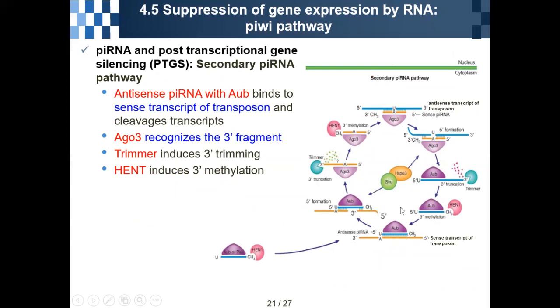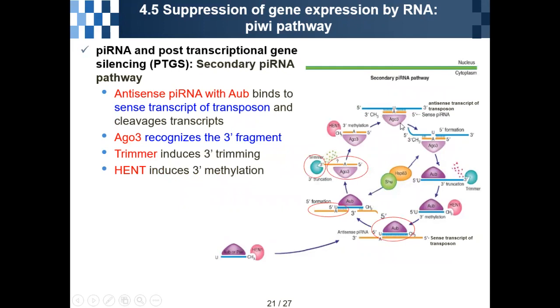They bind to here, so they will cleave the transcript. This is 5' to 3', and this is 5' to 3'. So they will recognize the 3' fragment. They will make 2 fragments: this is the 5' fragment, and this is the 3' fragment.